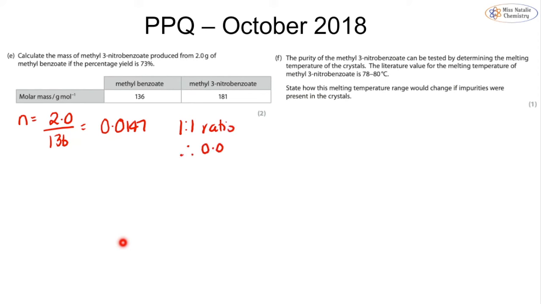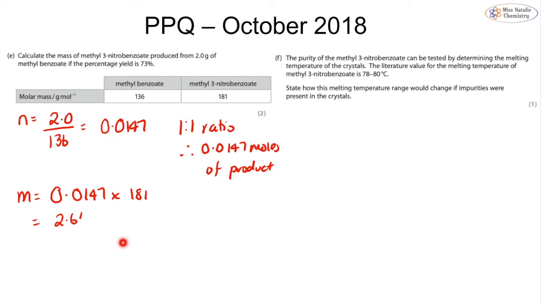Therefore, we have 0.0147 moles of the product. So my mass is going to be 0.0147 multiplied by 181 to give me my theoretical, which is 2.66 grams. And then my actual is going to be 73% times 2.66, which gives me a mass of 1.94 grams.